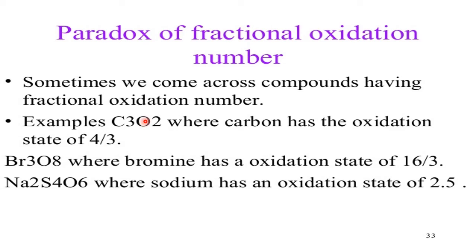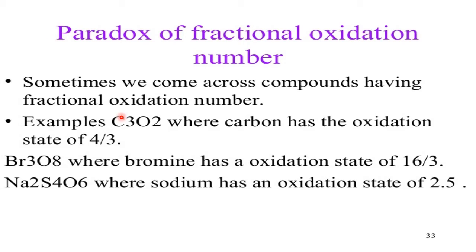Why? If you give oxygen -2, how many oxygens are there? There are 2 oxygens. So 2 into -2 is -4. If you send -4 to this side using the ON rule, then carbon is how much? Carbon is +4 in total, since 3 carbons are there, 3 into +4 is 12.